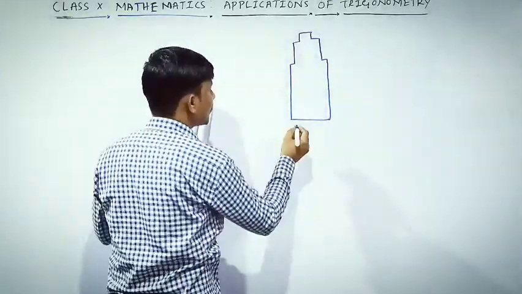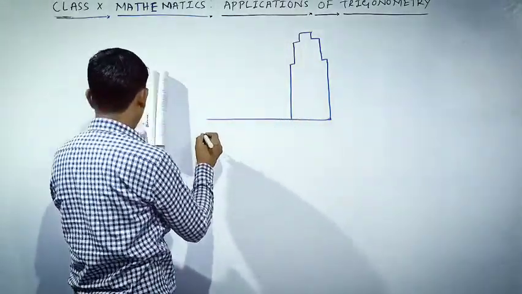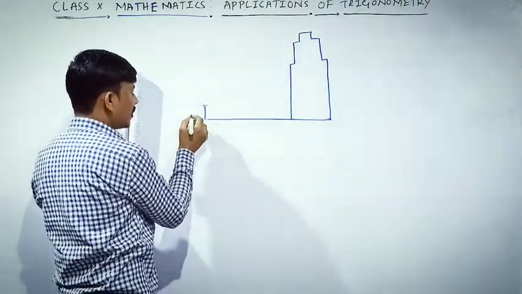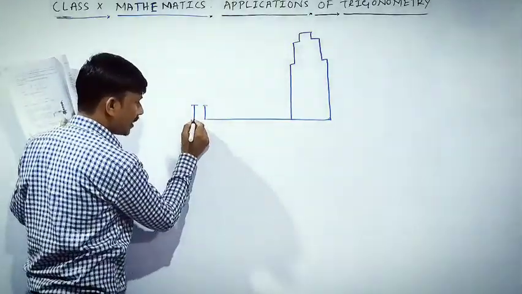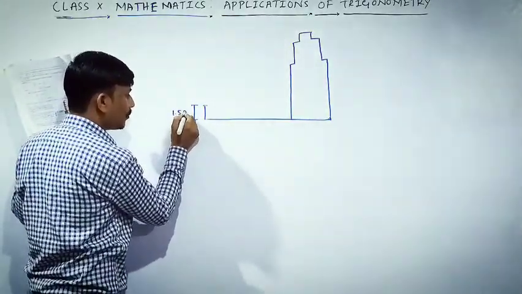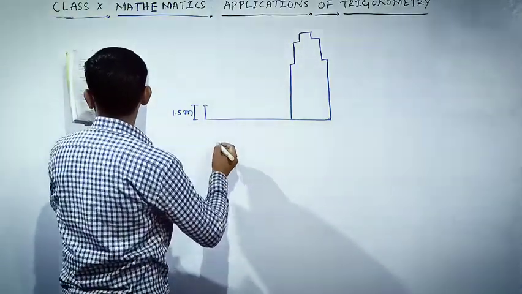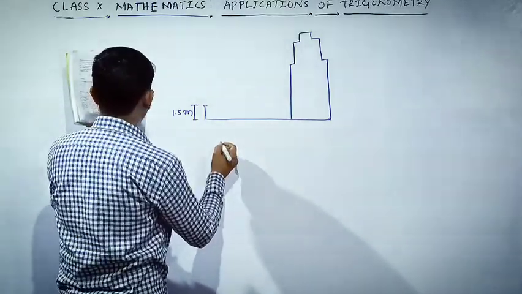Karkhanes is nothing but what? Factories. Okay, there is an observer who is 1.5 meter tall. The height of the observer, that person, is 1.5 meter, and the observer is 28.5 meter away from the chimney.